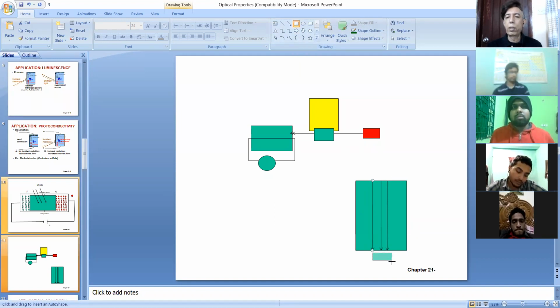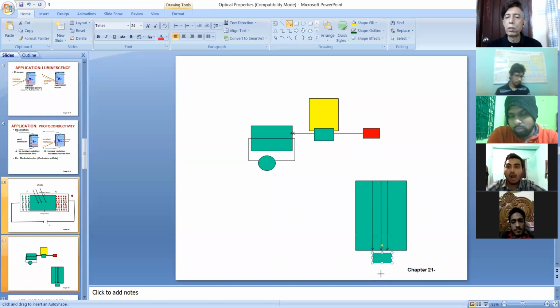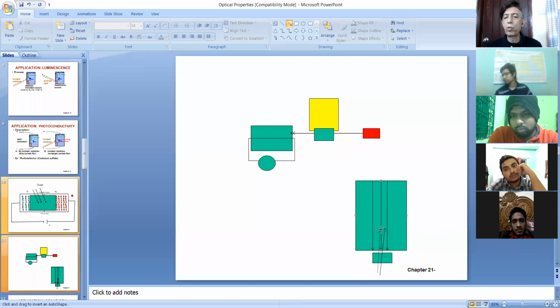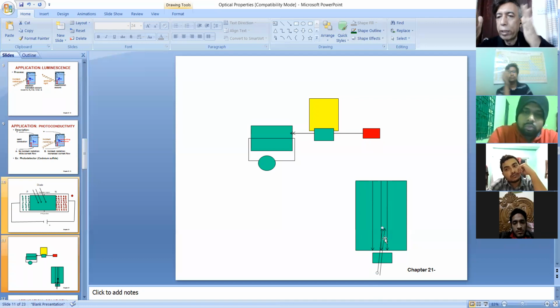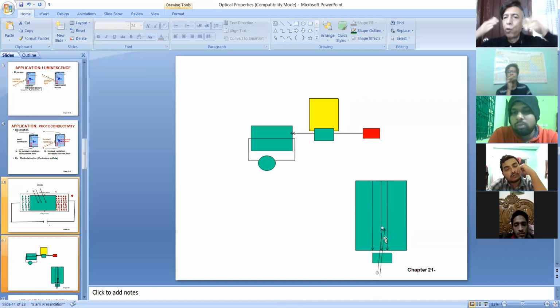Say for example, there is a detector here. Now, when you pass through this, you are obstructing the light. You are passing through a gate, and from the upside of the gate, infrared ray is falling.